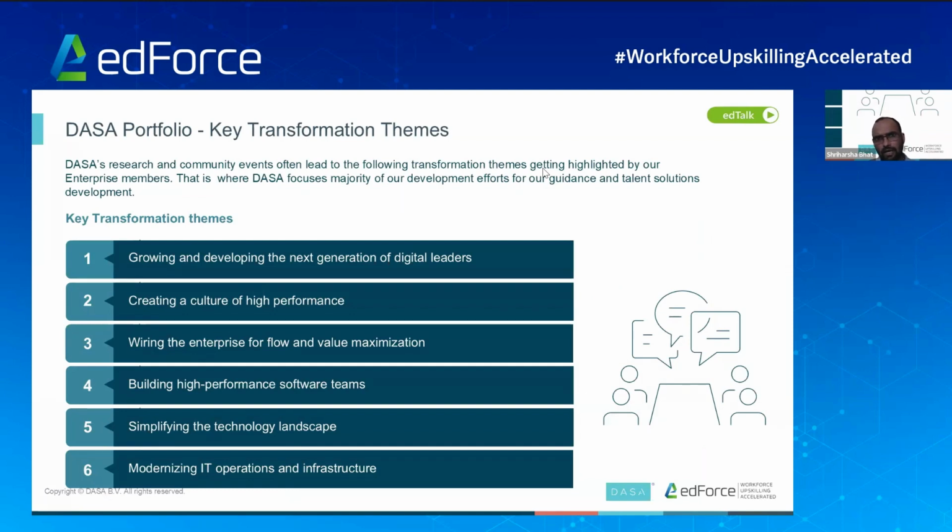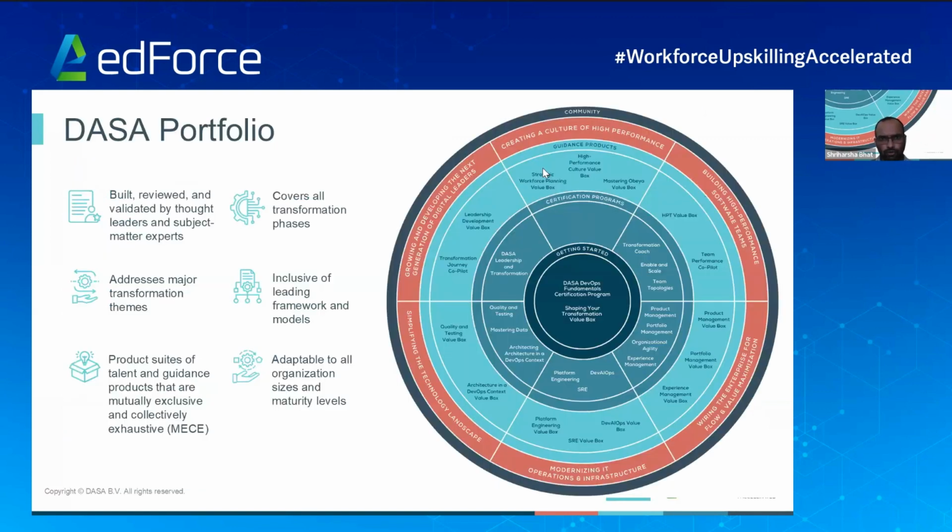DASA has worked with organizations and identified their pain areas, the areas they would like to look into. That is how they came up with the themes, and then we can come to the organization and help improve their digital transformation vision. But I would not go through each of these, because you can connect with DASA and go through them.